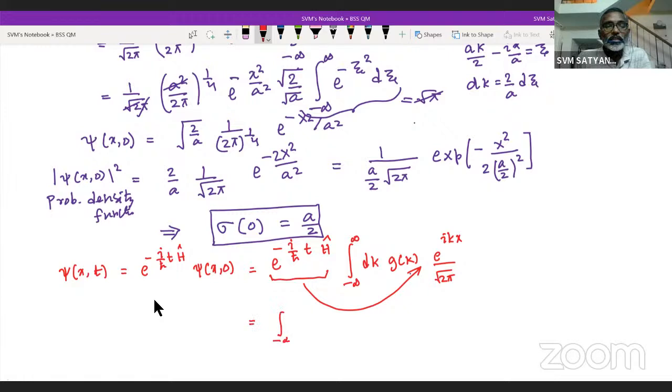So that is equal to the integral from minus infinity to infinity dk g of k into e to the minus i by h cross into Ek, where Ek is h bar square k square by 2m, into t, into e to the ikx by root 2 pi.